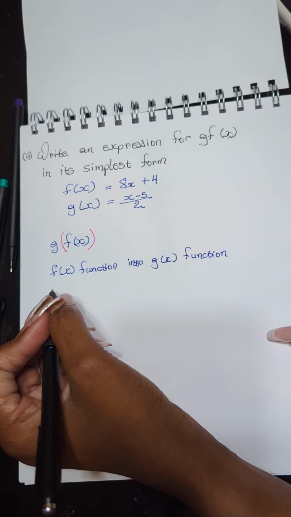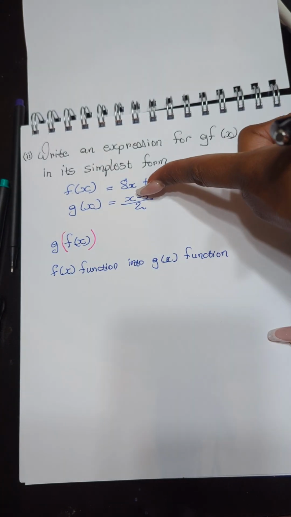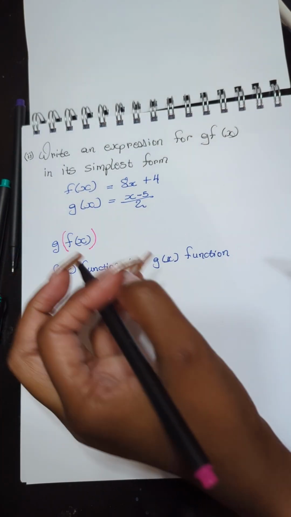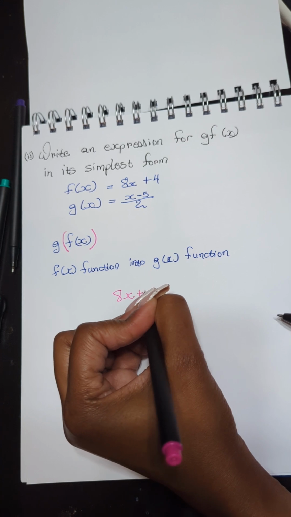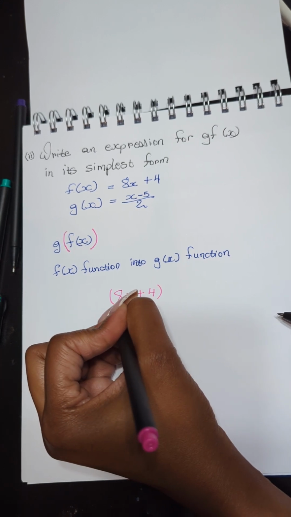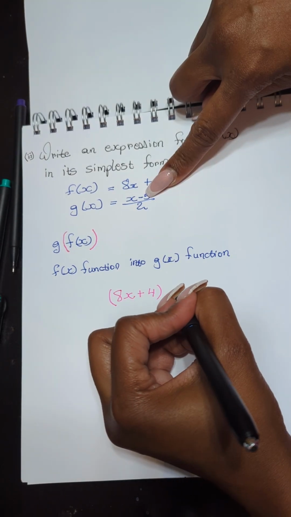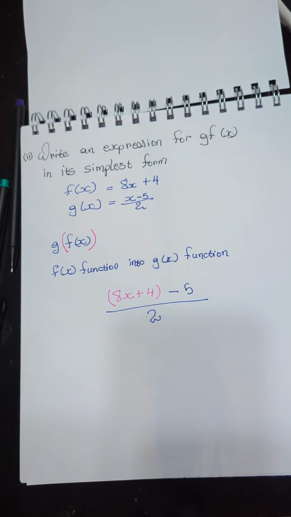And that gives us what? In place of the x here, minus 5, I'm going to put, let me use a different color, 8x plus 4, right? That's my f of x function, minus 5 all over 2.